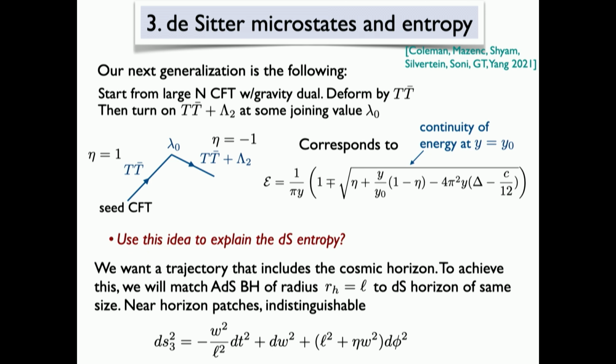If we're able to translate that into a field theory deformation, then we would have an understanding of the deSitter microstates and what is responsible for the entropy. Okay, so essentially the intuition is if we want to understand the dS horizon of radius L, see how to patch it to an AdS black hole horizon of radius L, which in 3D gravity means a black hole around the Hawking-Page transition for AdS.